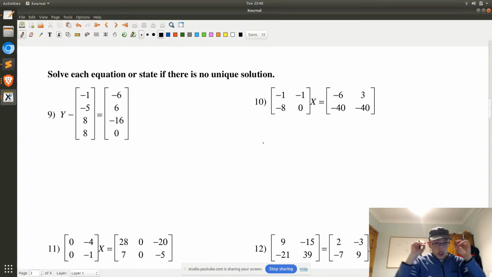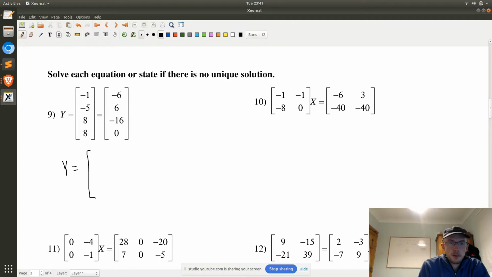Okay, solve each equation or state if there is no unique solution. No problem. The right column matrix plus the left column matrix. So negative 6 plus negative 1 is negative 7. 6 plus negative 5 is 1.